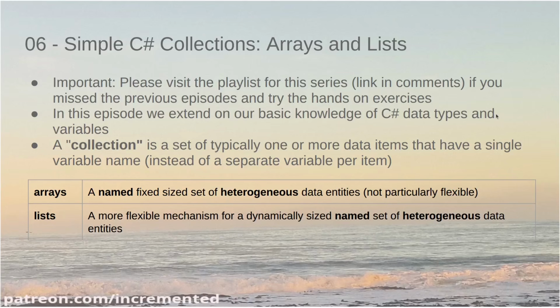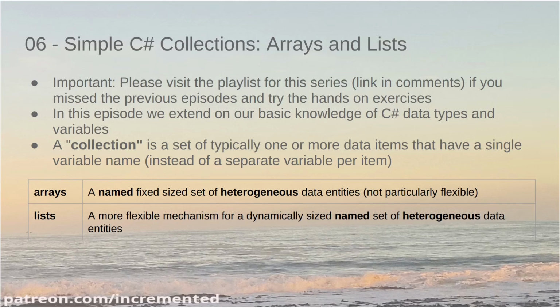Welcome to the 6th episode of our series on C# Essentials. In this episode, we are mostly going to focus on hands-on demonstrations of concepts. We've learned already in previous episodes how to use simple single local variables with a data type.